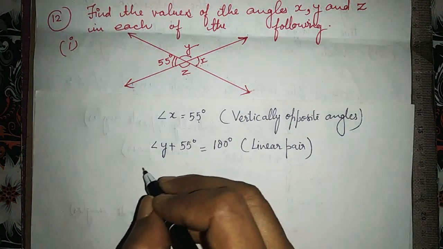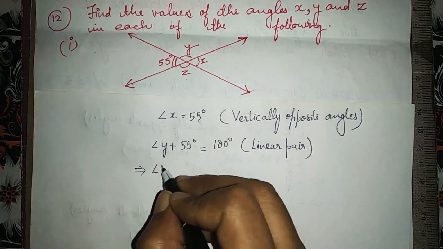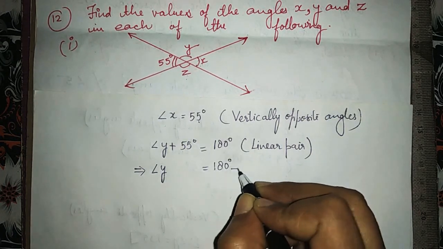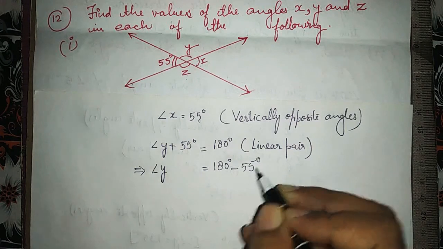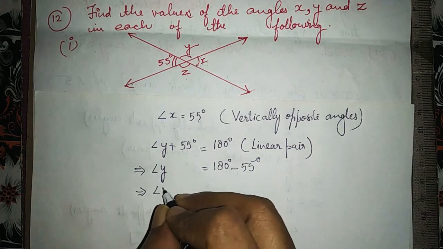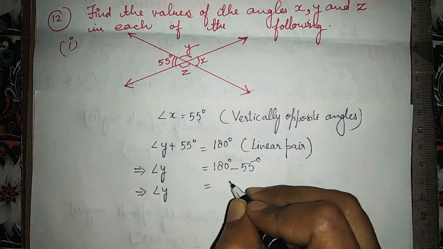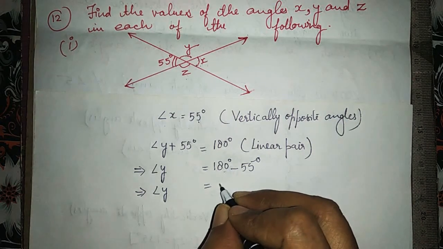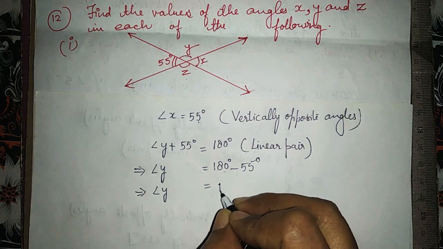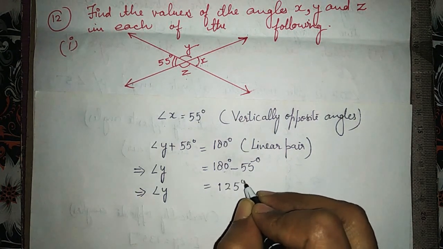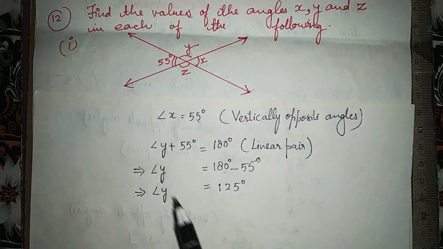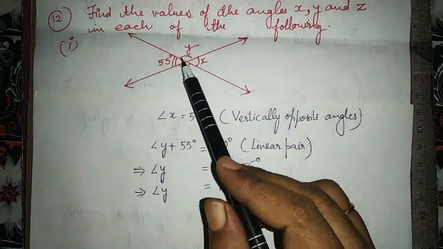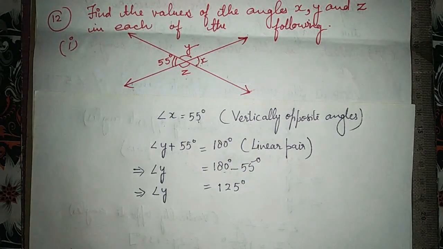So angle y is equal to 180 degrees minus 55 degrees, and we will get 125 degrees.